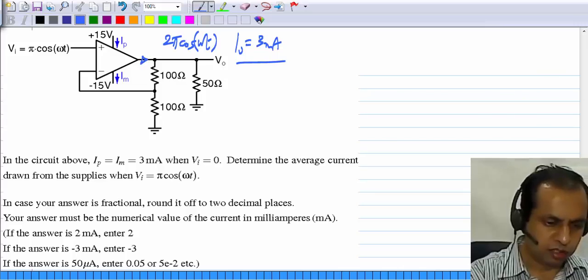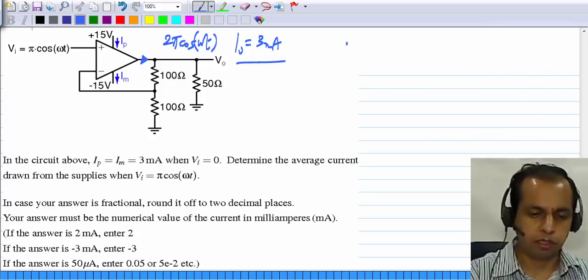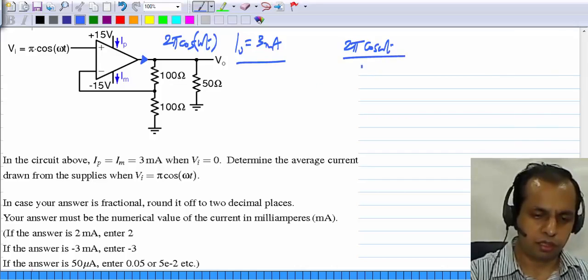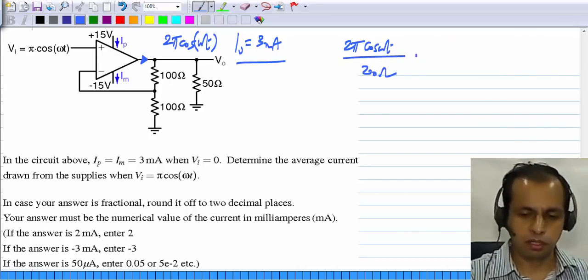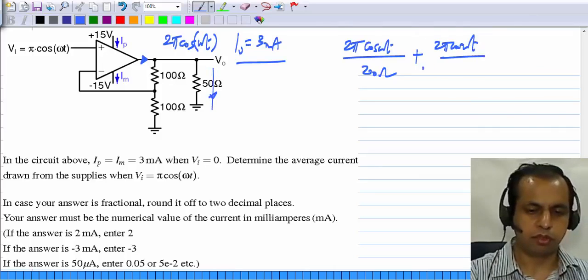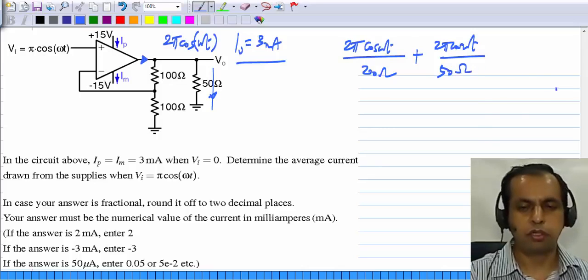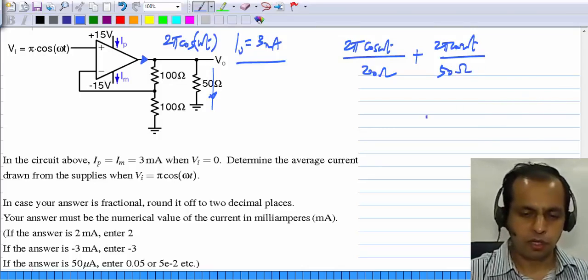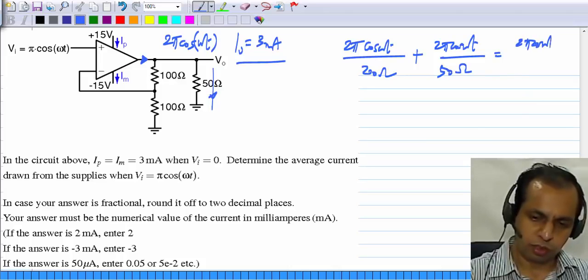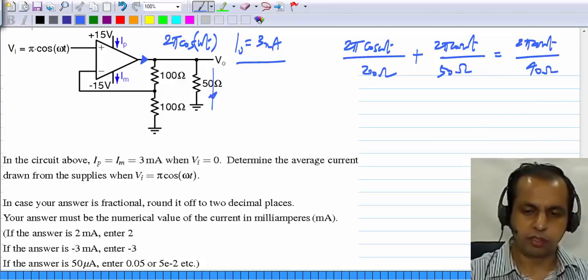And the current that is sourced from the supply will be 2 pi cos omega t divided by 200 ohms over here plus 2 pi cos omega t by 50 ohms because of the load. And what do we get? The result is 2 pi cos omega t by 40 ohms.